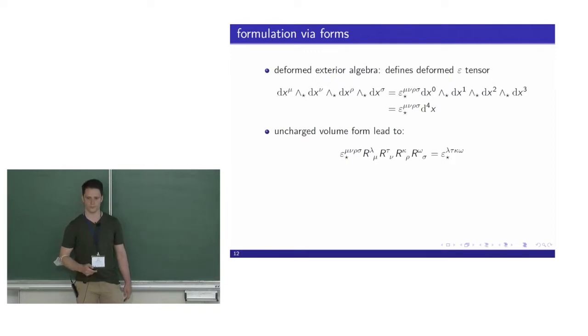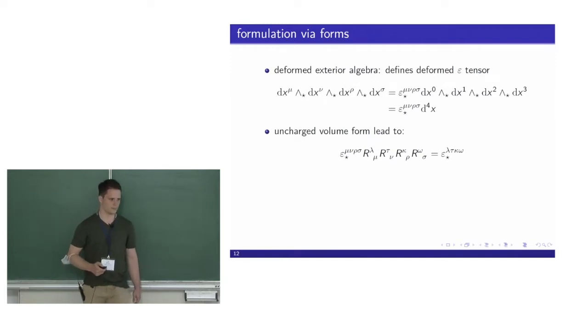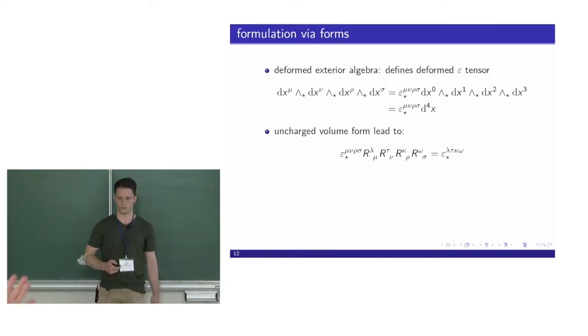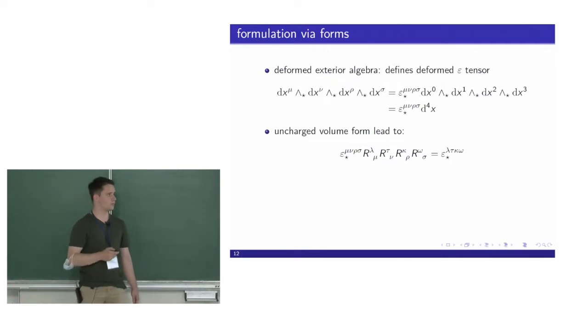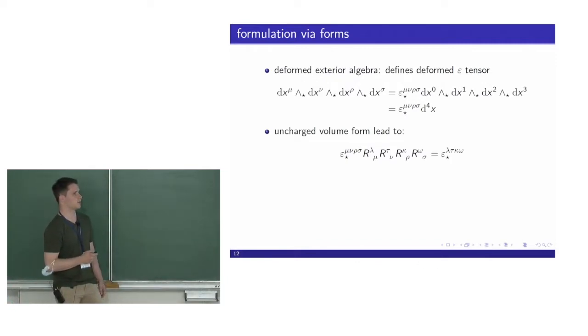Is there a top form in this deformed exterior algebra? A top form, so you have a 5 form, for example? We are just considering field theories in 4 dimensions.